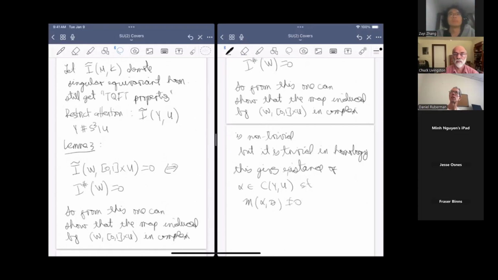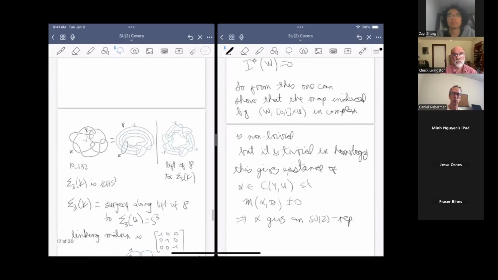So alpha exists, and alpha gives an SU2 representation, is the idea. I think that proof was very rushed. My apologies, but that is basically the idea.